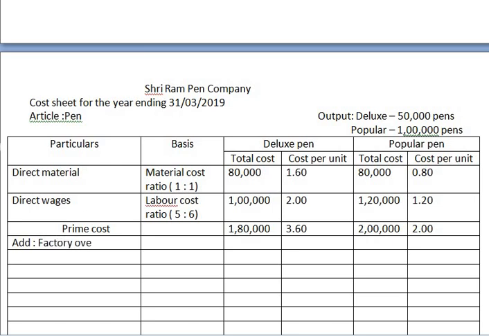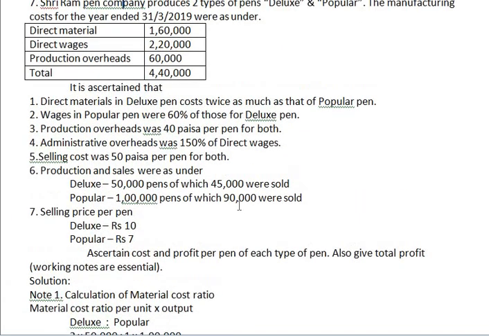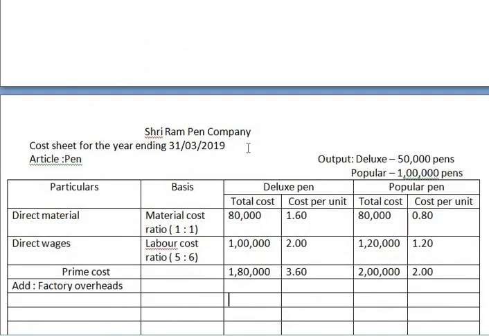Now related to factory overheads, what information they have given? Okay, now here they have given production overheads 60,000. Now related to production overheads, there is an adjustment. Production overheads was 40 paise per pen for both. It is for per pen for both. Okay.